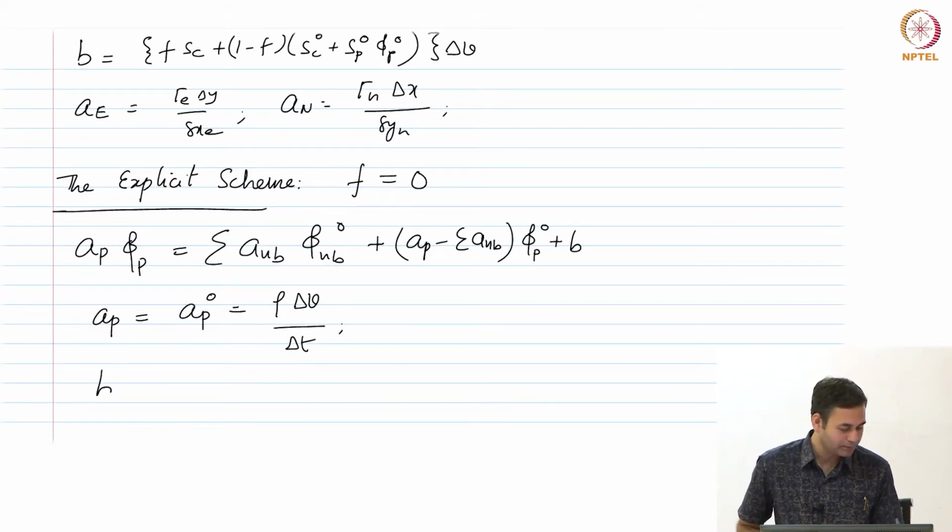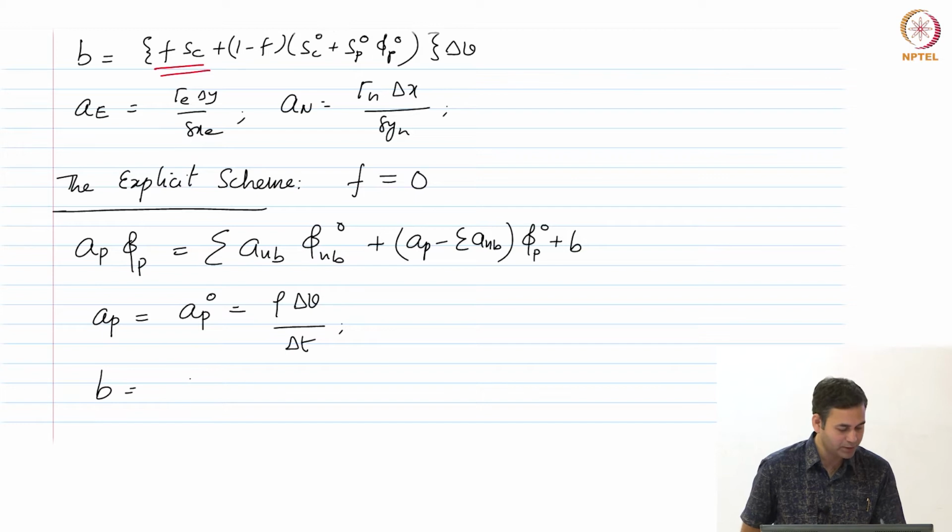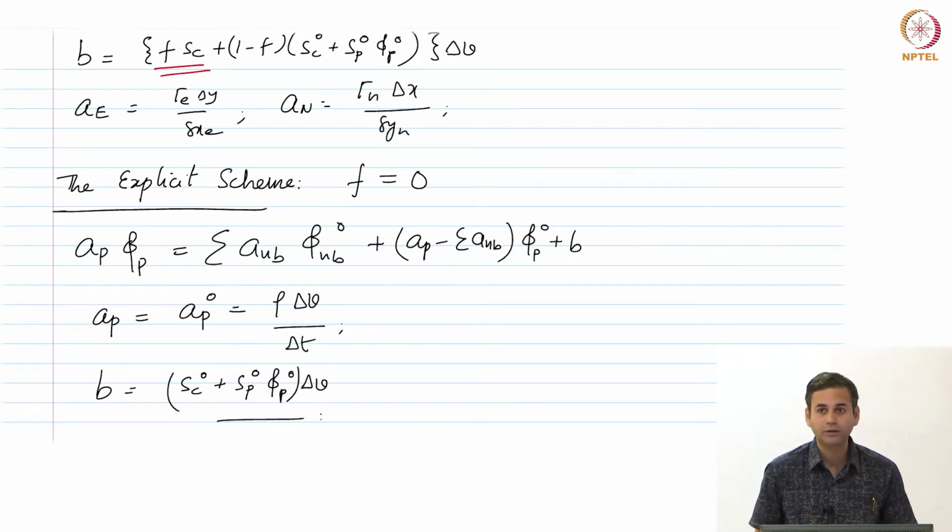What about B? B is F times SC, this is 0, right. What about the remaining term? This will survive. So, this is SC 0 plus SP 0 times Vp 0 times delta V, right. That is B, correct. Everybody okay with this? No mistakes.